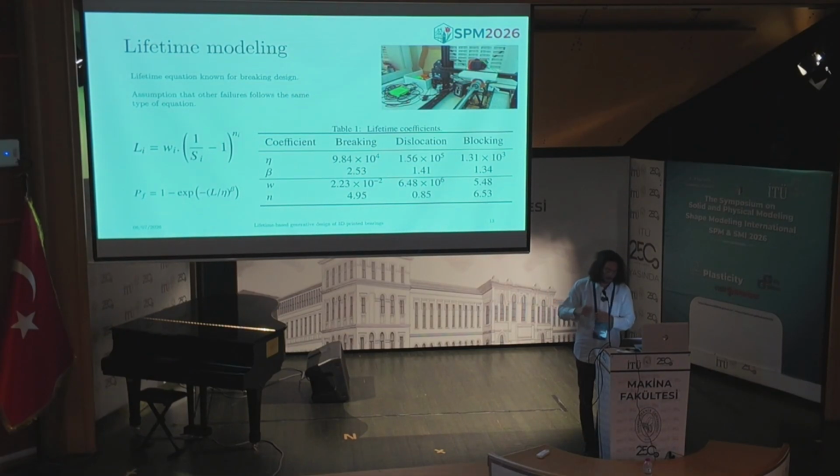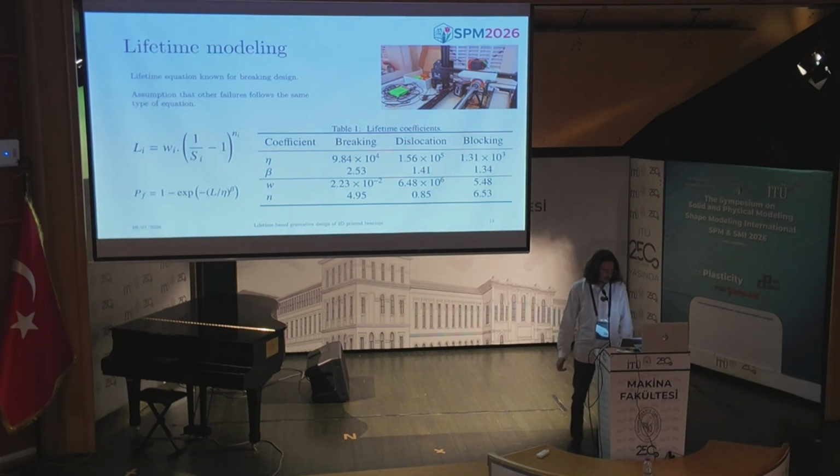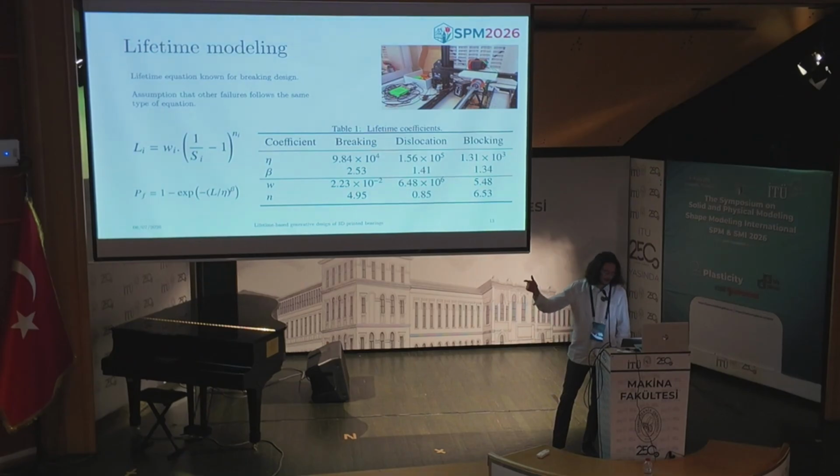We adjusted the coefficients considering that the equation would be of the type of the Basquin law, with a weight and exponent, as the breaking failure shown before and previous experiments show. And we made the assumption that all the types of failure follow the same type of equation. So we have the coefficients W and N, which are to modelize the lifetime.